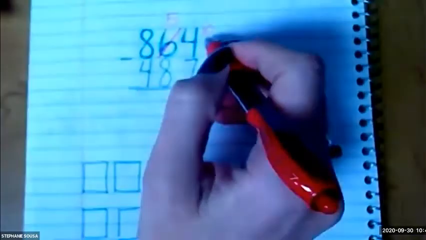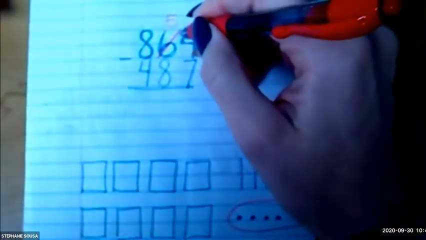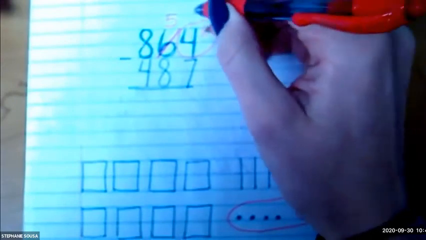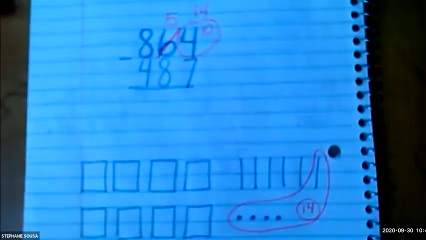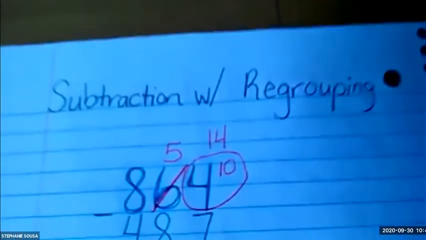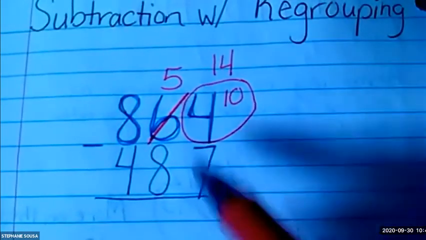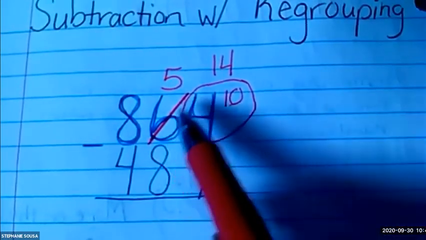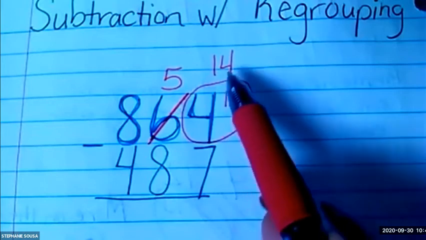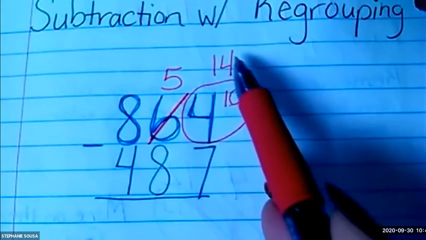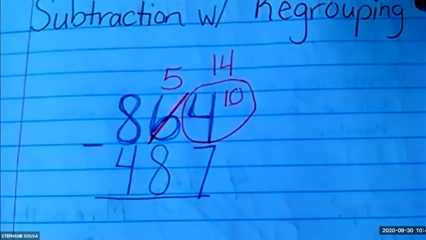So that's why we record this as 5, so we can make this 10 over here. So we have regrouped this to equal 14. I'm going to zoom in so you can see that. We have regrouped the 10 that we took from our tens place and the 4 that we already had into 14. So that's what this regrouping looks like.